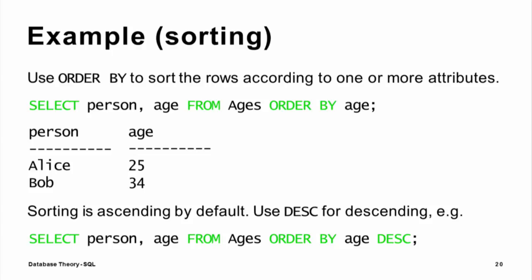If you need it the other way around, you have to tell that order clause by adding the keyword DESC, that is descend. So ascend is on by default, descend has to be added to the construct, right? And you can also have a list of attributes to order by, so you can add age, comma, person if you want to. So it sorts first by age and then by person.